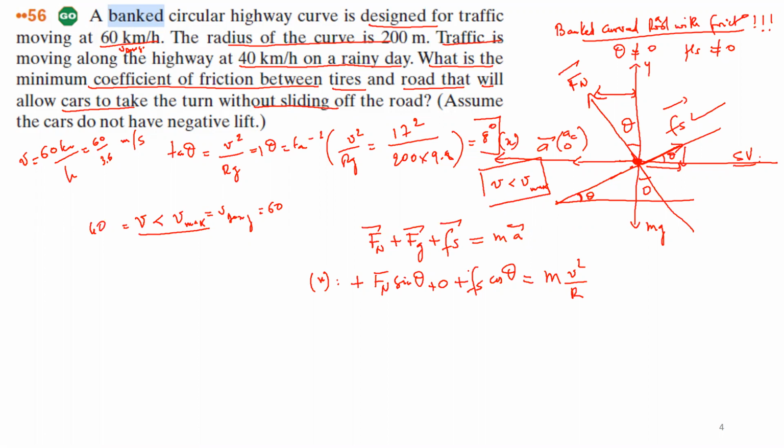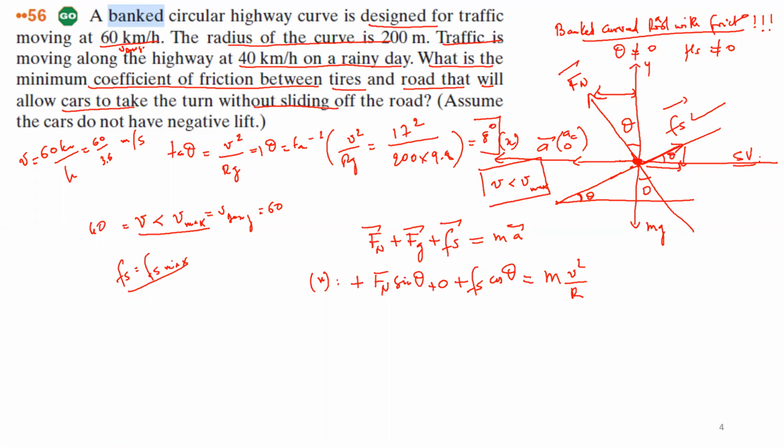Now here, of course, if I am not sliding, this Fs should be at most equal to the maximum static friction. So here I will say that Fs is equal to Fs max, because otherwise I will slide if Fs is bigger.